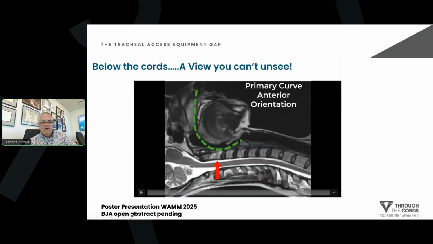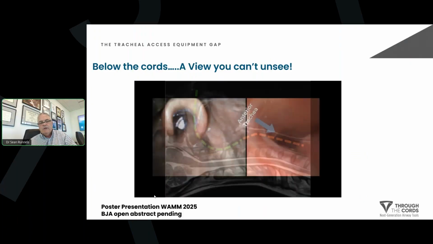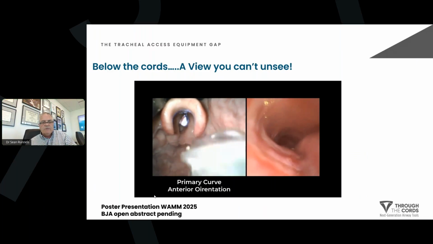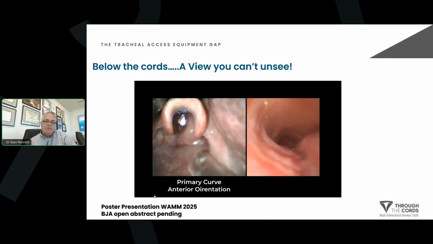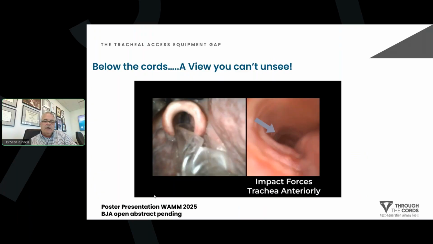So this is a cadaver study. We presented this at the World Airway Management Conference in 2025. And what we did was we took a cadaver and we placed a bronchoscope at the carina, and we watched endotracheal tubes come in below the vocal cords. And we think this is some of the first footage ever of intubations from below the vocal cords. So in this case, this is a hyperangulated blade, so great view, and a rigid GlideRite stylet.